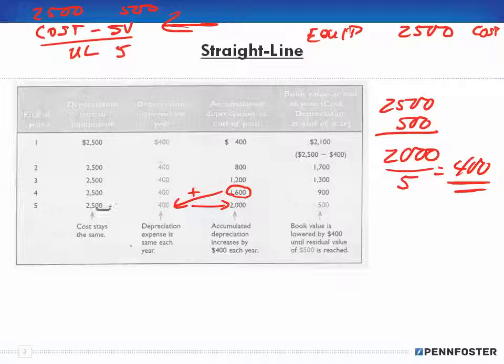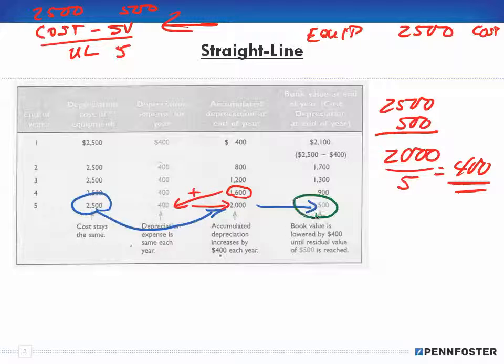And of course, we take our cost less that accumulated, and that gives me my book value. And at the end of year 5, we had already determined that we wanted a book value of $500, meaning we want to show on our books there's $500 of value left in that asset.